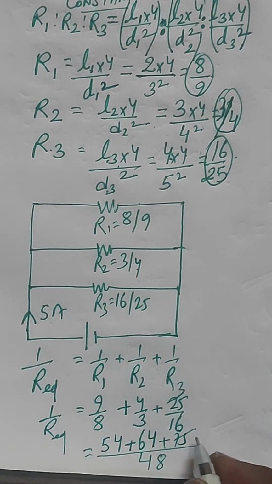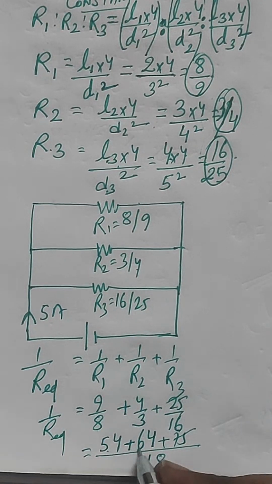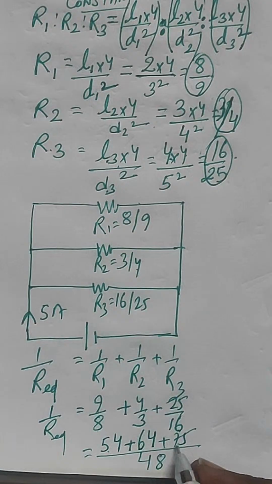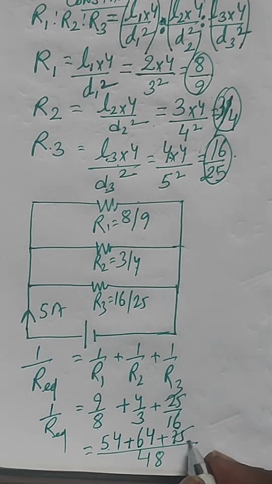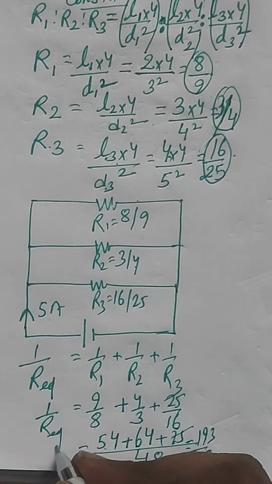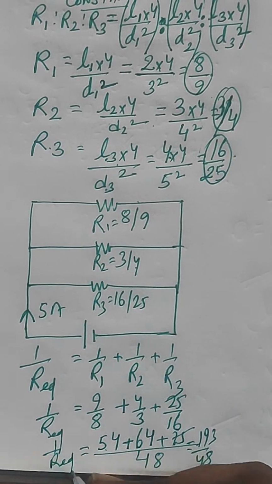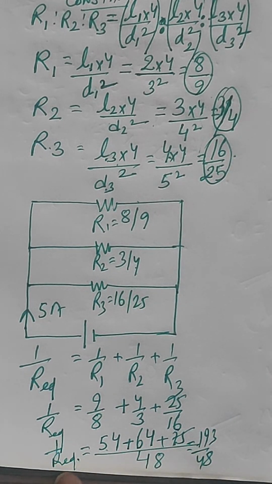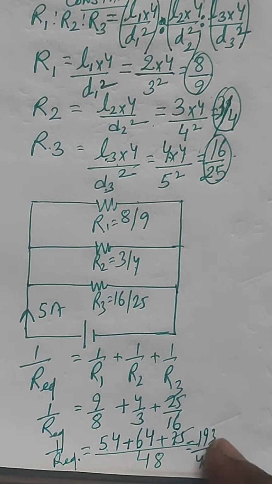So when you add these three, you get 60, 50, 110, 110 plus 70, 180, 180 plus 8, 188, 188 plus 5, 193. So 193 by 48 is the value of 1 by R equivalent. So basically R equivalent is nothing but 48 by 193, right?